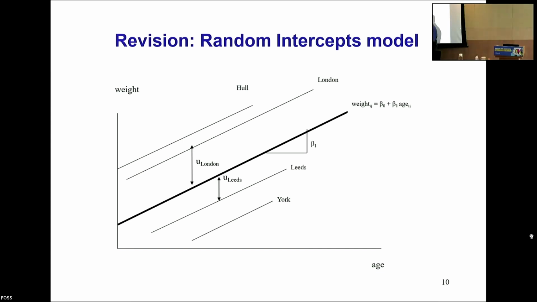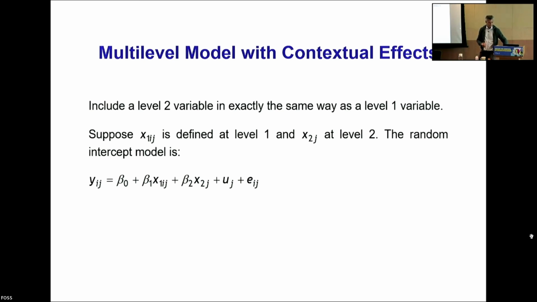That's all we're trying to do: take into account the fact that there are differences in our dependent variable by the group levels. And it does this by modeling the variance in the intercepts. So we get the variance estimate in the intercept.